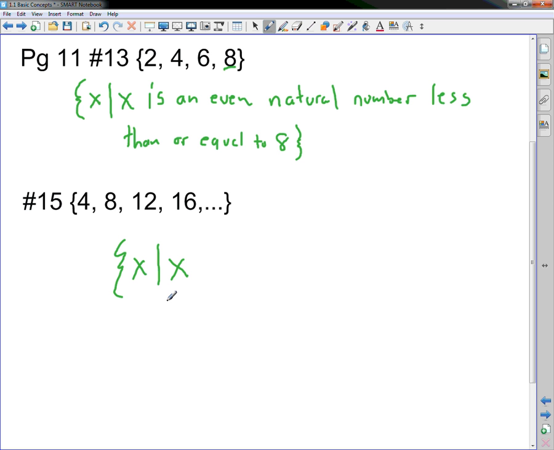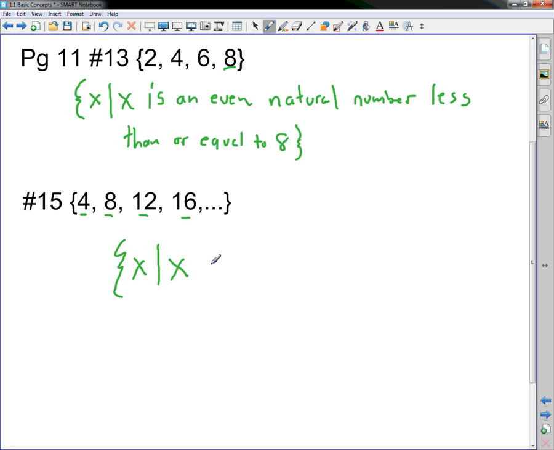Alright, if that wasn't long enough, go ahead and pause and keep working on it, and then unpause when you're ready to go. So notice that we go 4, 8, 12, 16. So these are multiples of 4, and they're greater than 0. And the 3 dots tell us that this goes on forever.